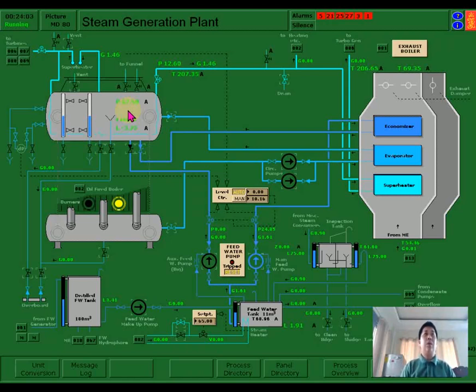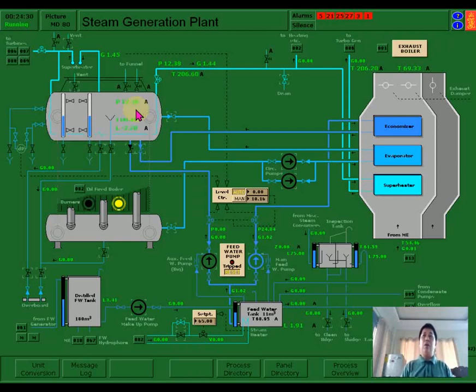Now it's lowering the pressure gradually. I will simulate here the automatic combustion control, ACC, including the steam pressure control, the fuel oil flow control, and the air flow control.